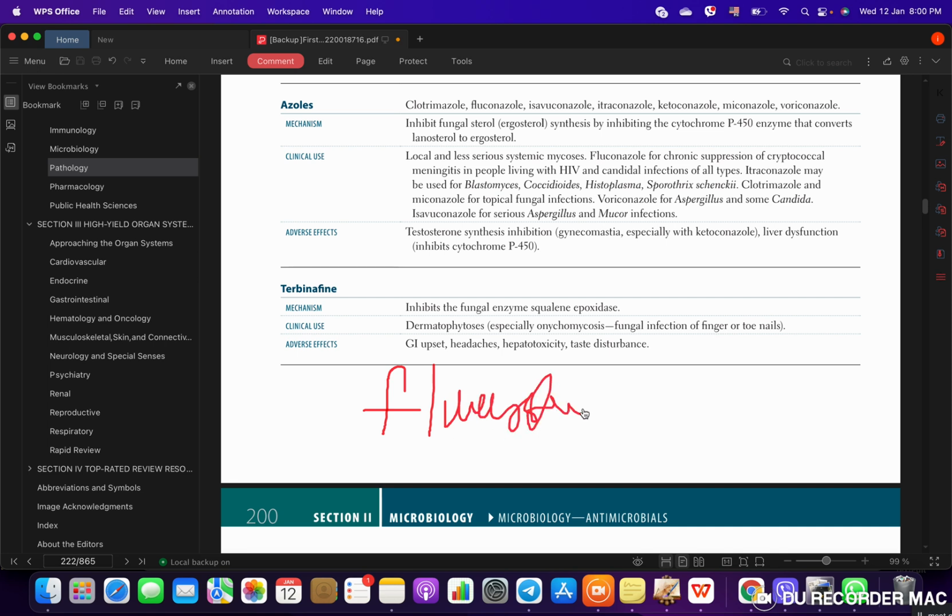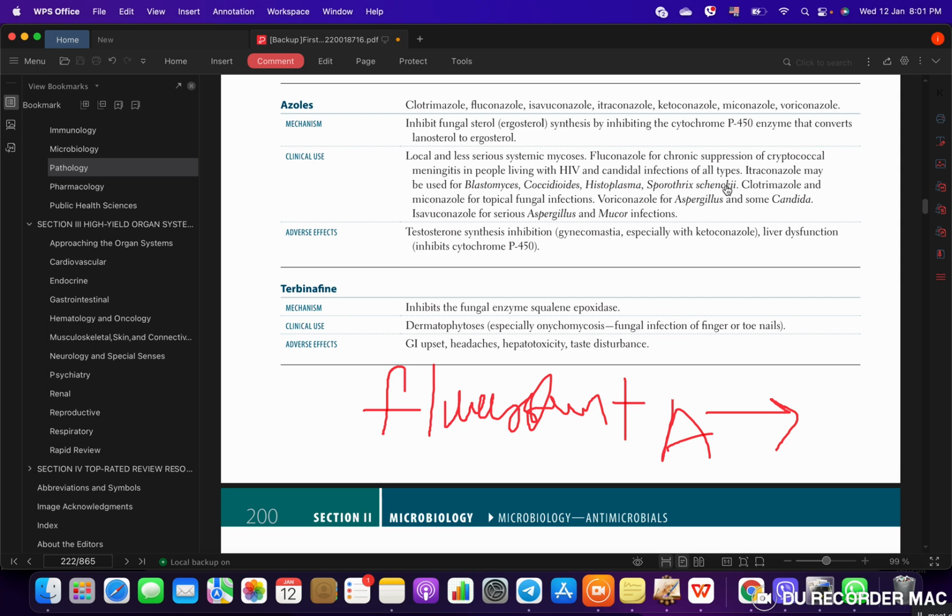Flucytosine plus amphotericin B. He's healed, but you want to prevent it from occurring in the future, so you start him on azole, fluconazole. Done. Okay. Itraconazole may be used for blastomycosis, coccidioides, and histoplasma.